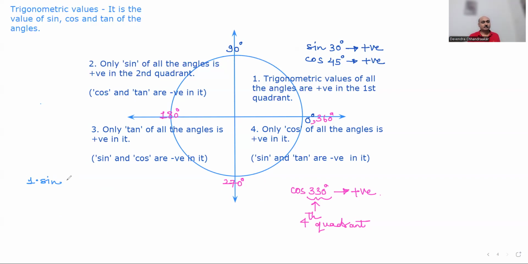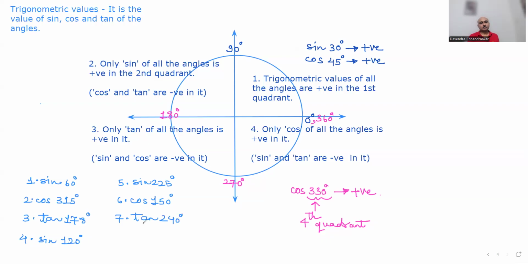So the first one is... just mention positive or negative, right? चलिए.